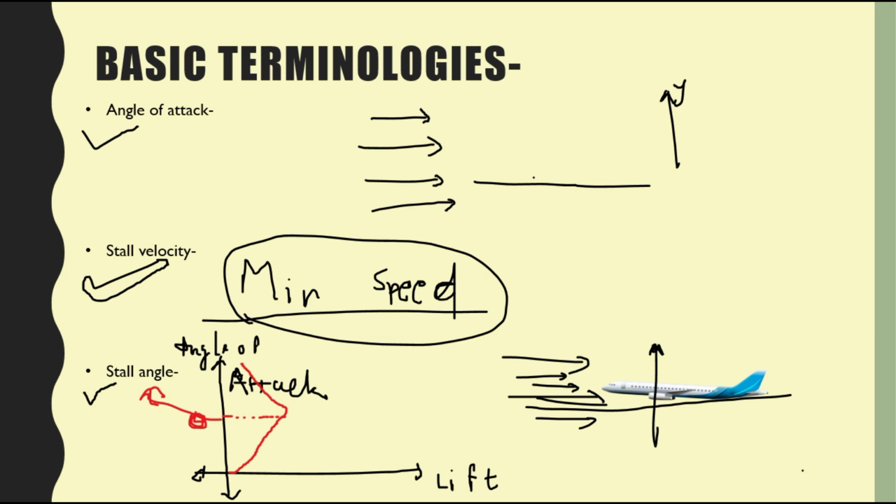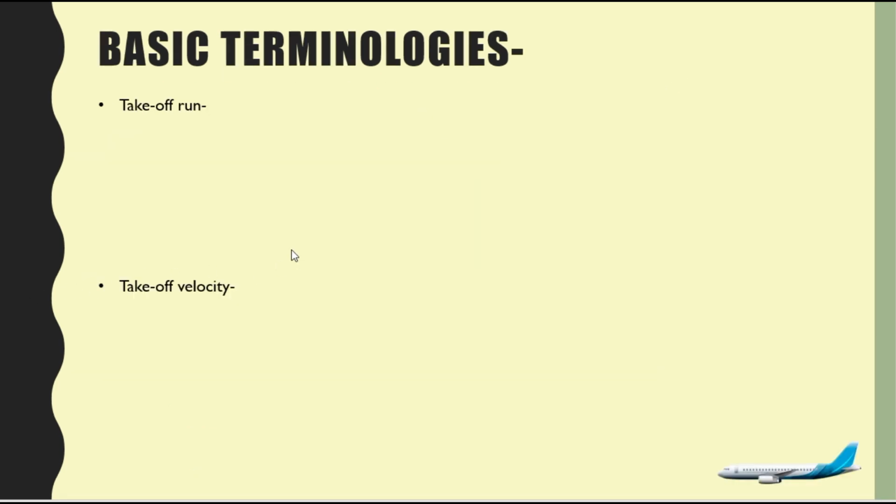The angle at which the aircraft speed reaches the stall speed, and after that the lift of the aircraft is dominated by the drag, is known as the stall angle. I think you have got the definition, right? After that, let's move on to the next terminology, that is the takeoff run.